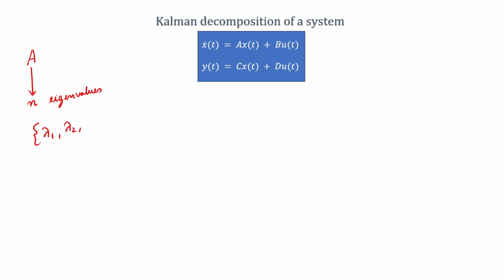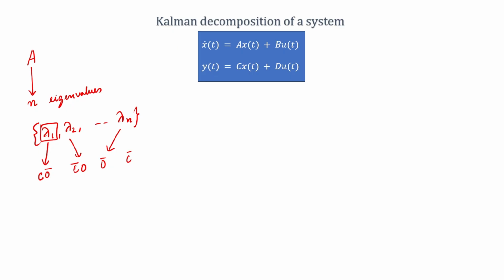Now among these eigenvalues, some of the eigenvalues may turn out to be controllable, some of the eigenvalues may turn out to be observable, some may turn out to be unobservable, some may turn out to be uncontrollable. Of course, that means that there can be cases when an eigenvalue can be controllable but not observable, an eigenvalue can be uncontrollable but observable.